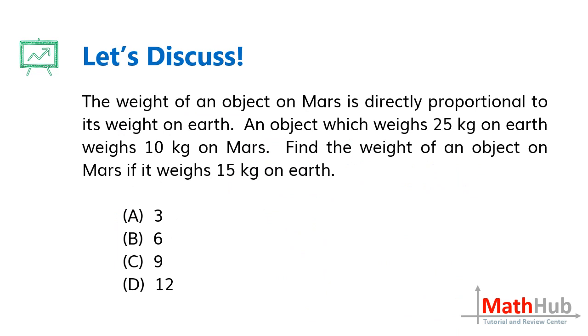For the next example, we have a word problem. The weight of an object on Mars is directly proportional to its weight on Earth. An object which weighs 25 kilograms on Earth weighs 10 kilograms on Mars. Find the weight of an object on Mars if it weighs 15 kilograms on Earth.